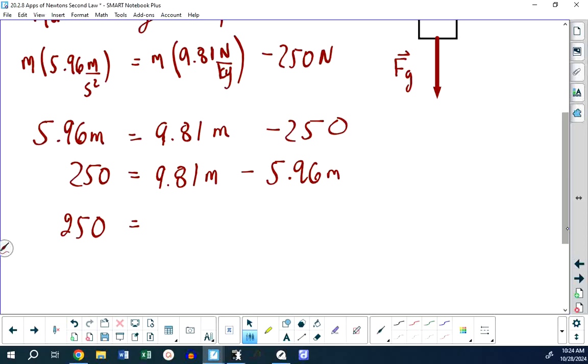If this is 10 and this is 6, 10 kittens minus 6 kittens is 4 kittens, right? The analogy kind of breaks down because I don't want to start talking about what 9.81 kittens is like. It's part of a kitten. 9.81 m minus 5.96 m is the difference between those two numbers, m.